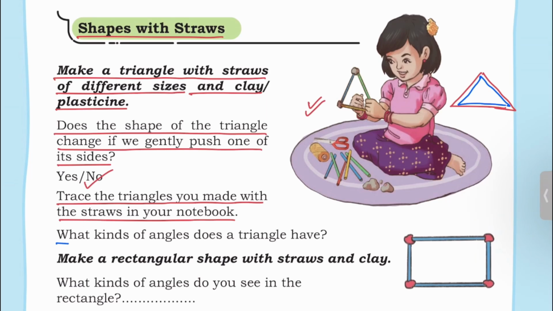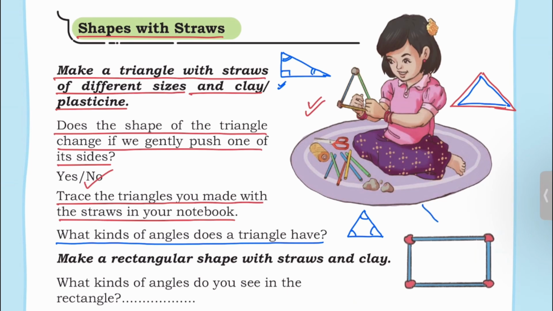What kinds of angles does a triangle have? If your triangle looks like this, then it will have a right angle and two acute angles. If your triangle looks like this, then it will have three acute angles.